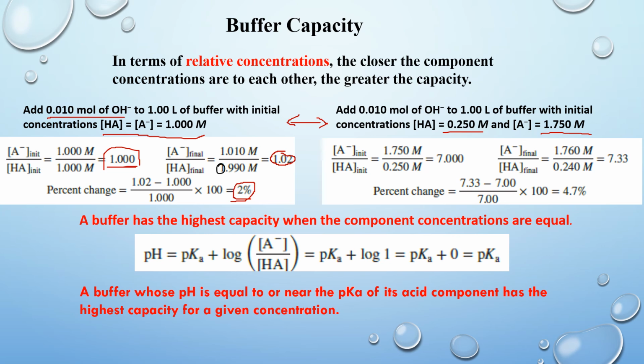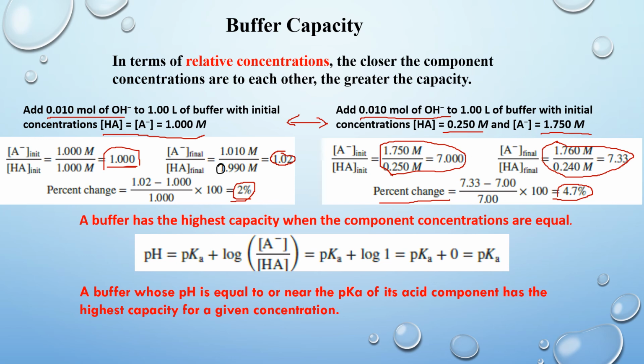The concentration of the base is 7 times the concentration of the acid. So by adding the same amount of strong base to the system, the ratio becomes 7.33, right? So the relative percent change, from 7 to 7.33, is an increase of 4.7%.